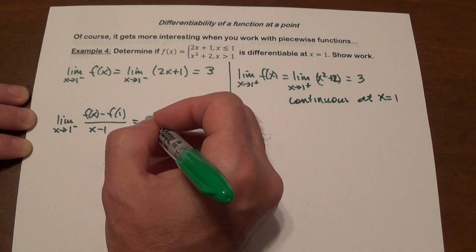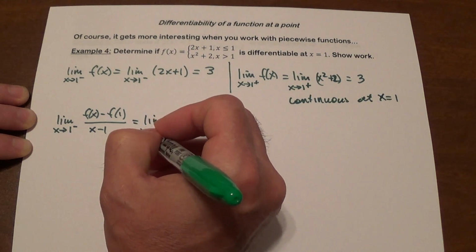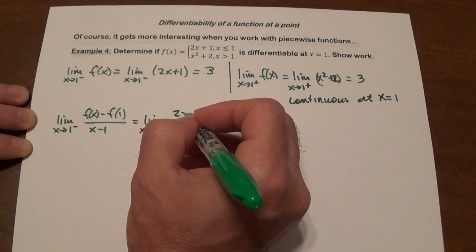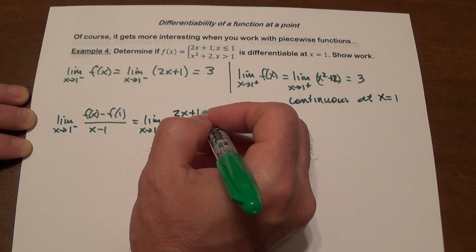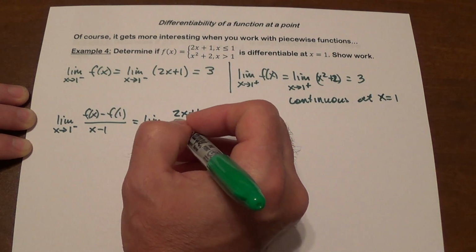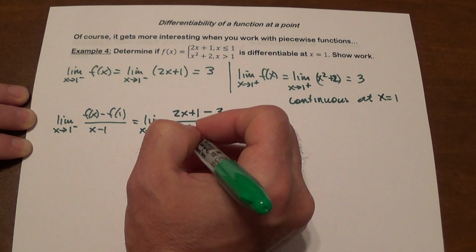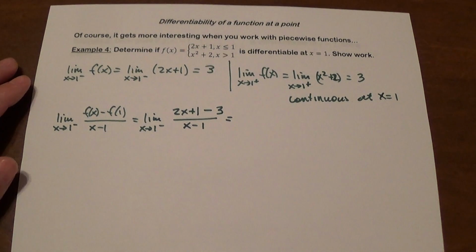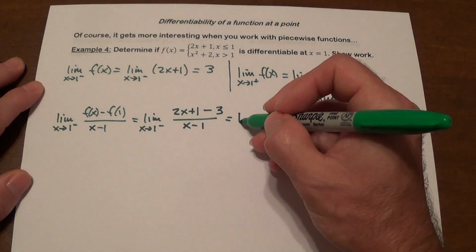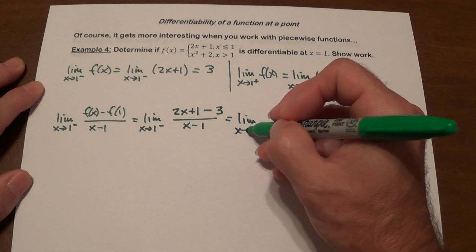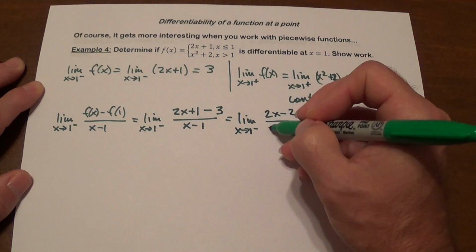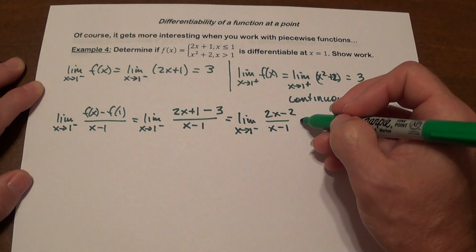So this is going to be the limit as x approaches 1 from the left. The numerator will be 2x plus 1 minus 3 divided by x minus 1. So if we continue with this, we're going to get the limit as x approaches 1 from the left of 2x minus 2 divided by x minus 1.